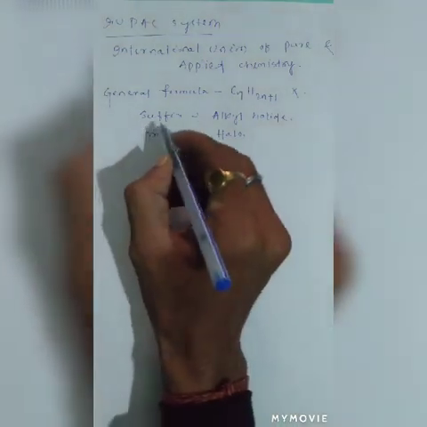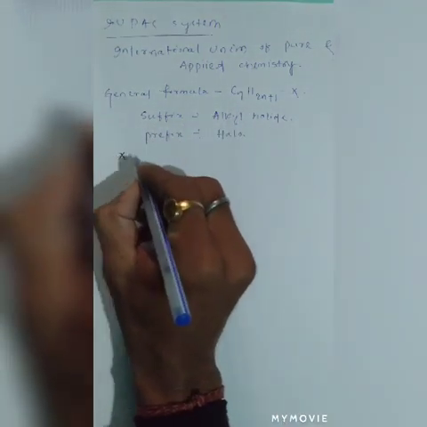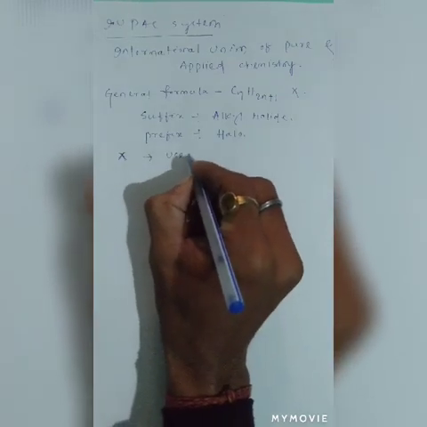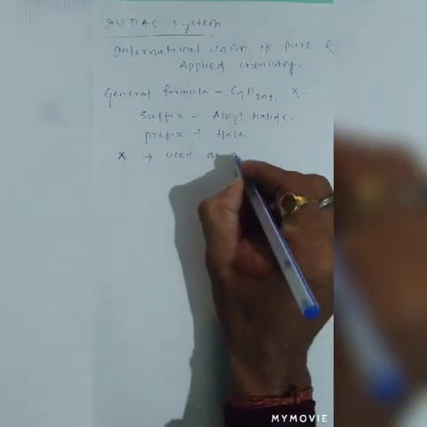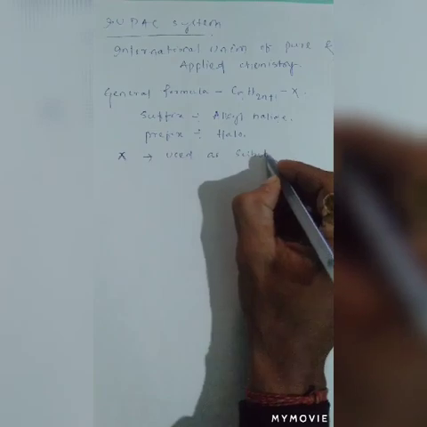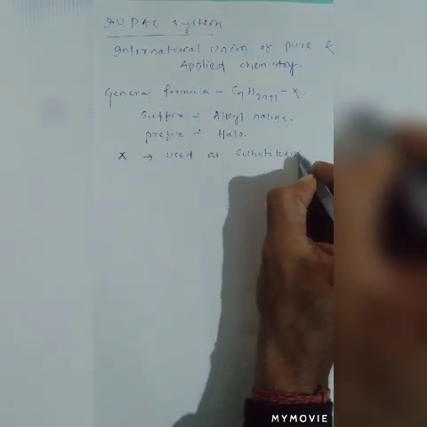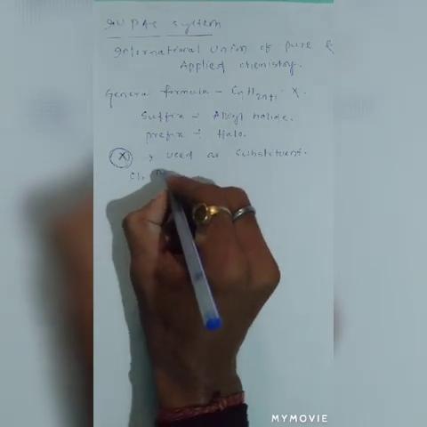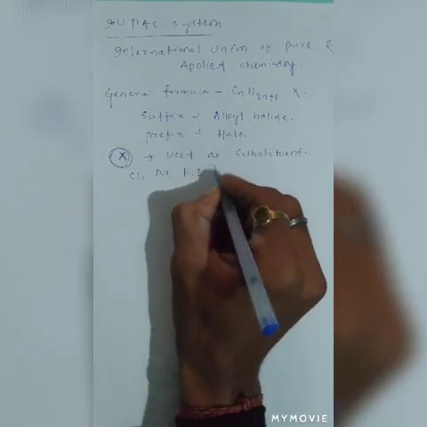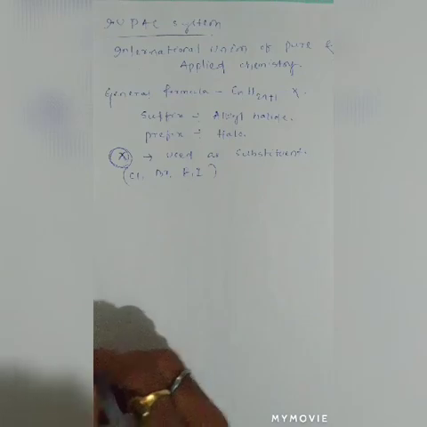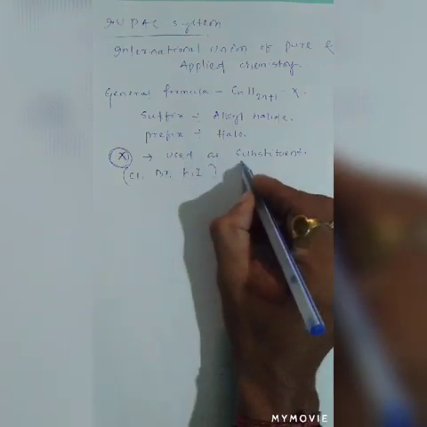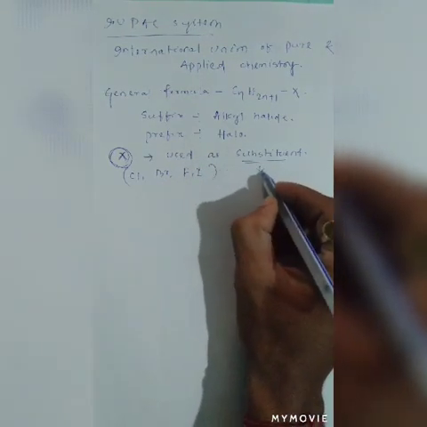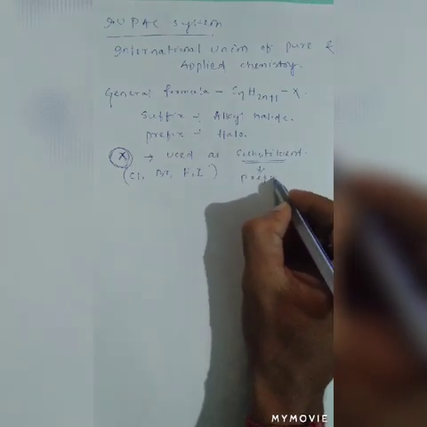In the IUPAC system, the halogen groups, that is chlorine, bromine, fluorine, iodine, are used as substituents, meaning they are used as a prefix in naming.